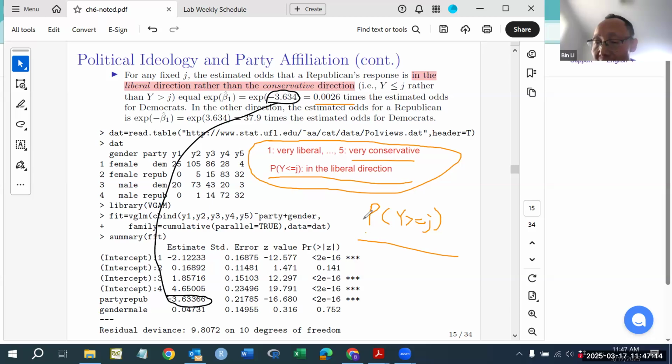If we do it this way, the model will have the coefficient just flip the sign, so that will be the positive 3.63. The exponential of that is 37.9. So that is 37.9 times the estimated odds for the Democrats. Okay, so that's how we interpret those coefficients.